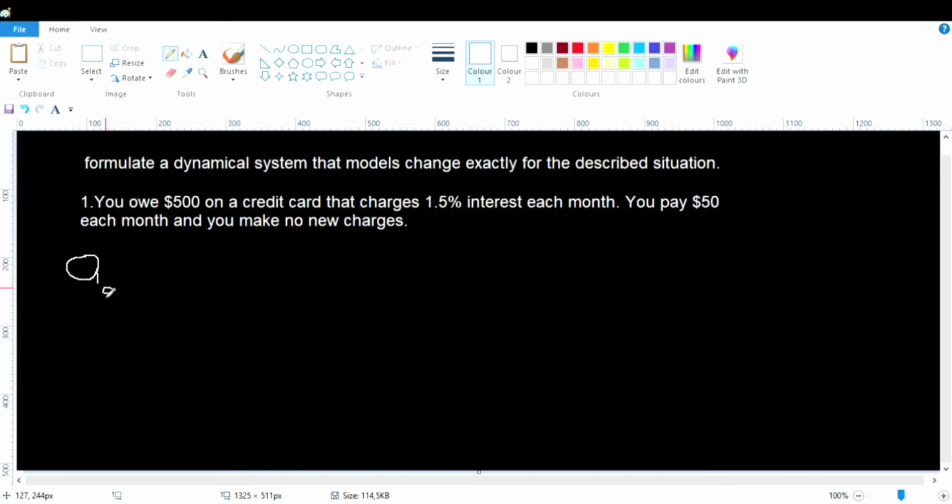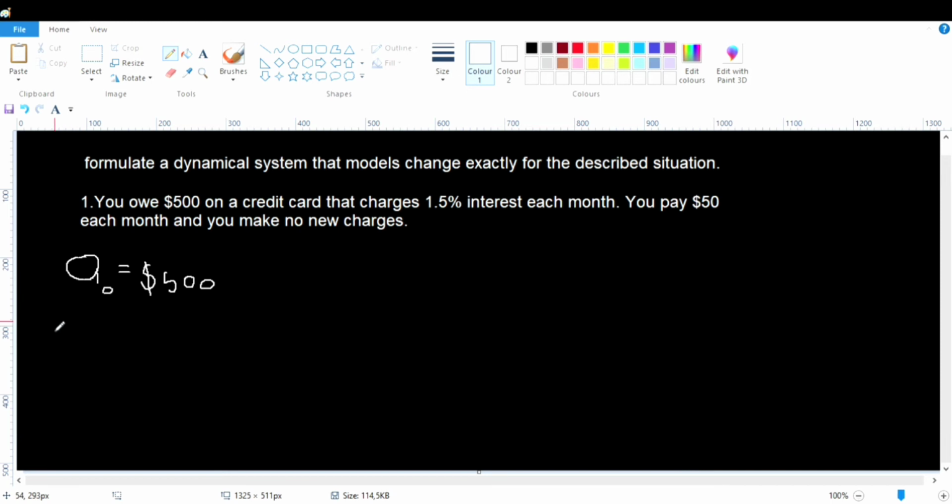Initial value is the value that we start with, the amount that you owe, which is $500. This is our first step. We have identified the initial value.